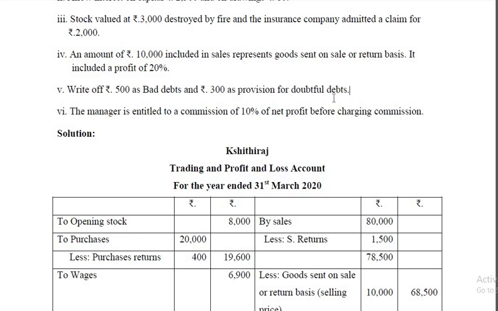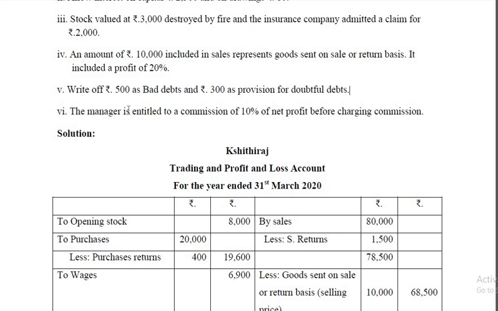Old reserve or old provision for doubtful debts should be deducted. Here in this problem, old reserve is not there. Therefore, the total amount, bad debts as well as provision for doubtful debts, could be shown in the outer column. And in the balance sheet, this new provision for doubtful debts, 300 rupees, should be deducted from sundry debtors.